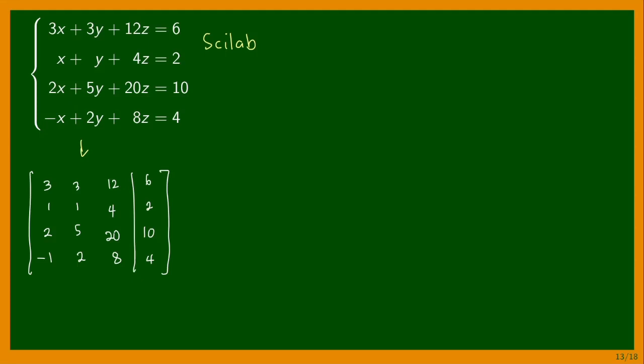Now, how do we input this in Scilab? Scilab helps us do the process of RREF. As you can see, the process is tedious by hand, especially when the linear system is big. But Scilab makes the RREF easier. It will give us the result. So let me first switch to the Scilab view.